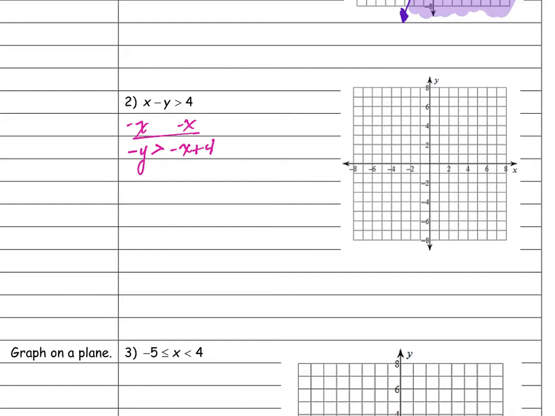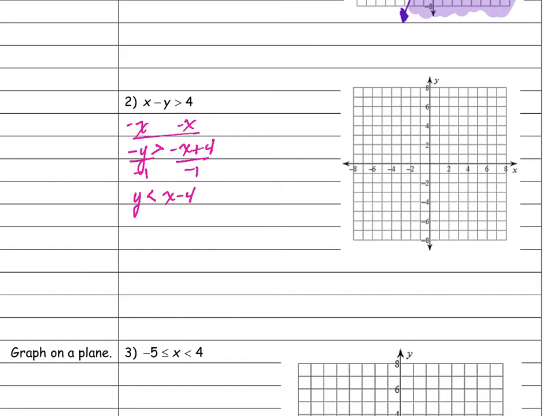Y is not by itself, so I need to divide by a negative 1. And what happens when I divide an inequality by a negative number? Yep, my sign flips. Beautiful. So it was greater than, now it becomes less than. And negative x divided by negative 1 is positive x. And positive 4 divided by negative 1 is negative 4.